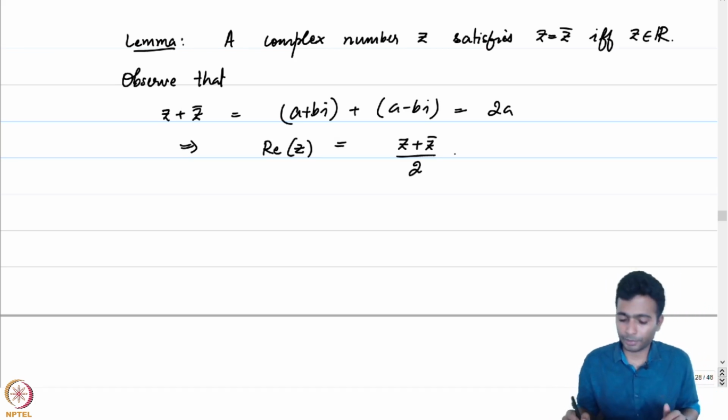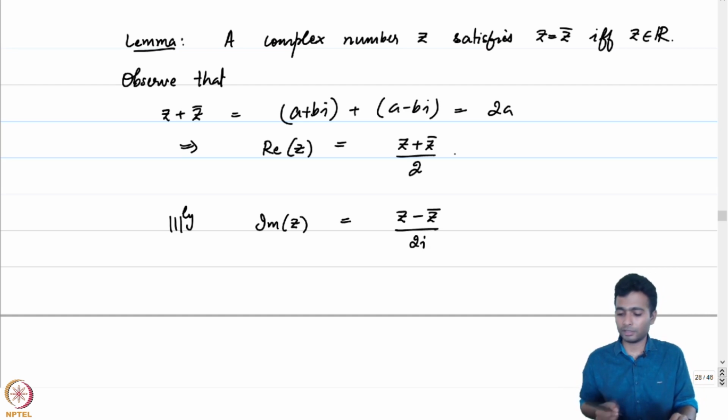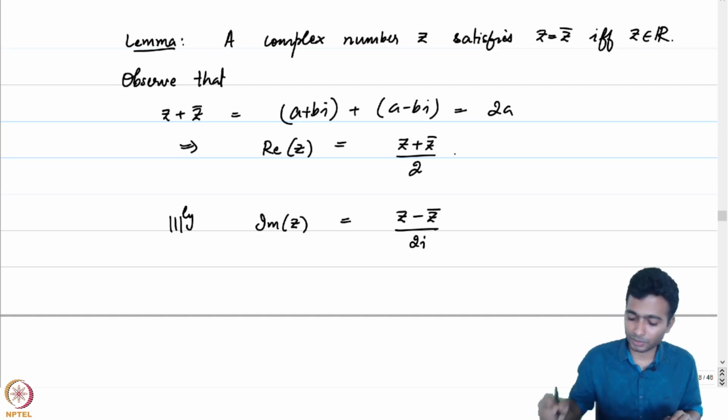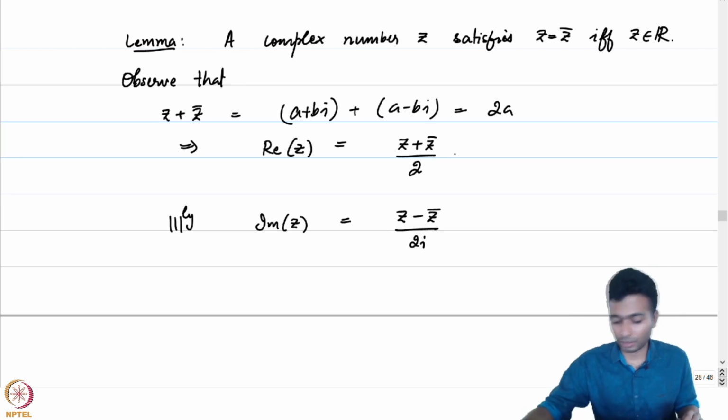We could do a similar computation and get an expression for the imaginary part of z as well. You should check that this is z minus z bar by 2i. Remember that it's a field, so you can invert i as well. So this is what the imaginary part of z will turn out to be.